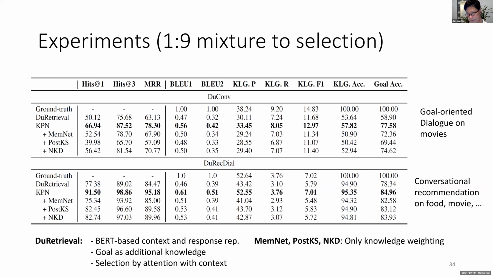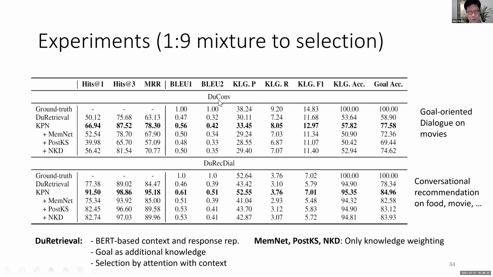And what I'm going to present here are some experiments on 2 data sets. The first data set is a discussion about movies, as I showed you, where we want to achieve some goal. We have dialogue about movies. The second one was also created by people at Baidu.